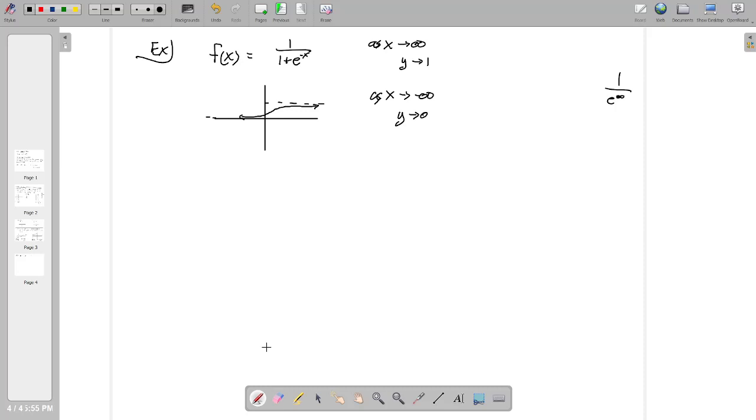Now I want to talk a little bit more closely about the previous example that we did. F of x is equal to 1 over x plus 2. And I want to show you how to figure out that this has a vertical asymptote at negative 2. First of all, we know that x cannot be negative 2 because it's outside the domain.